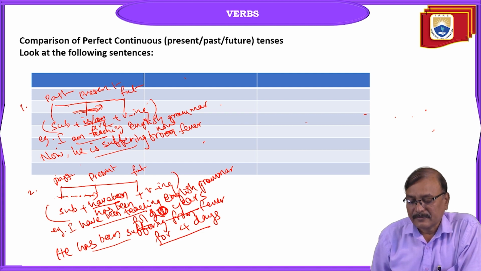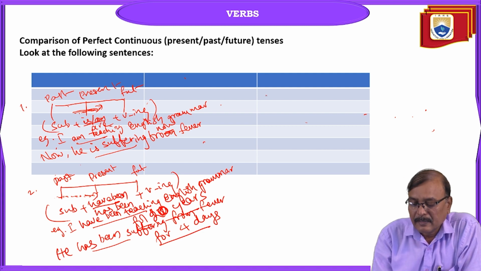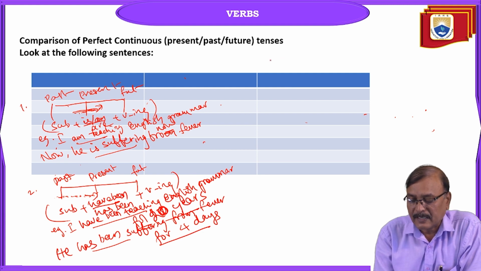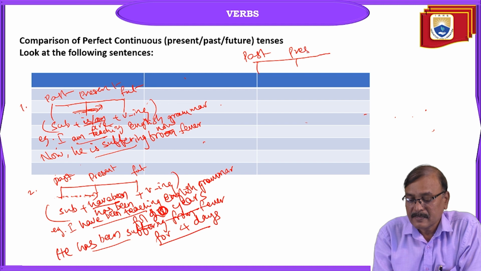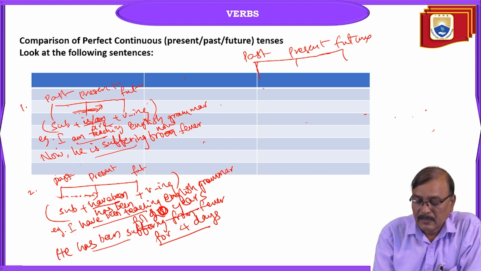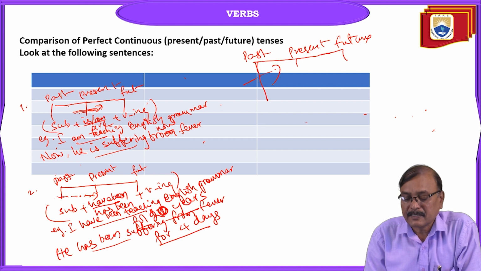In the same way, past continuous and past perfect continuous tense. You see here, past, present, and future. If the actions are continuing at a certain time in the past, it is past continuous.